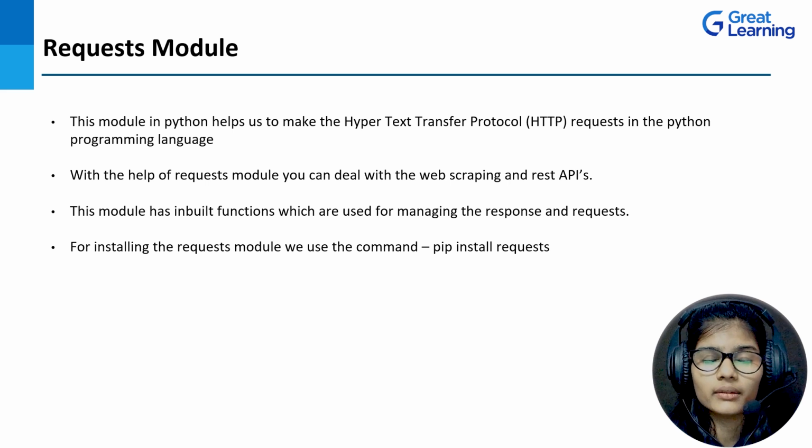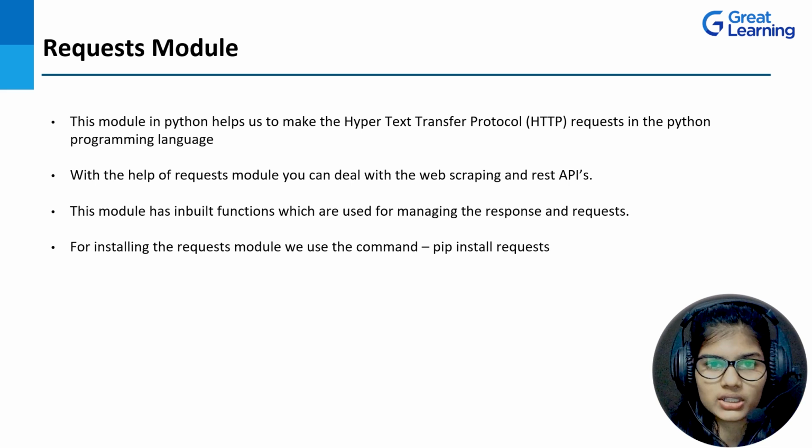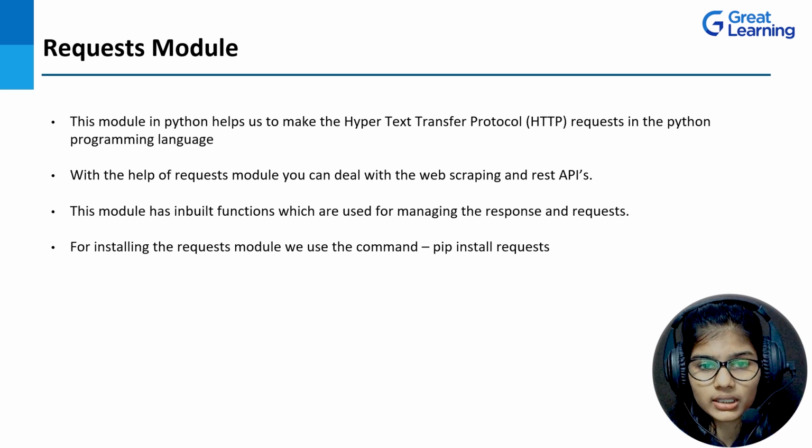Next, this module has many inbuilt functions which you can use for managing responses and requests. And for installing, you need to install the module on your own. The command is pip install request. So I hope I'm very clear with this request module to each of you, what it is, how we use it, and what the functions are.